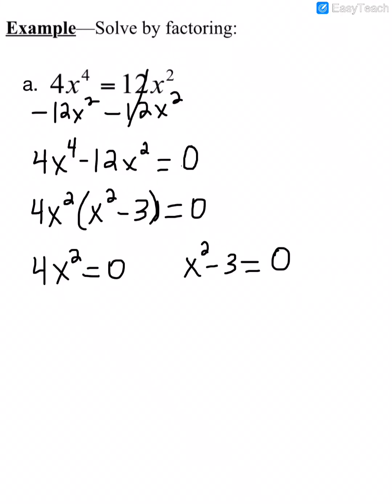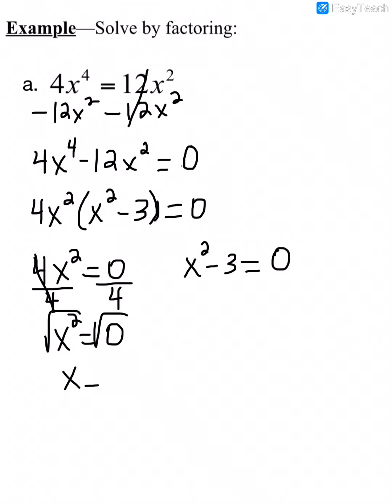For the 4x squared, to get the x by itself, I would divide by 4 on both sides. We know that 0 divided by anything is 0, so I'm left with x squared equals 0, and if I take the square root of both sides, the square root of 0 is 0. So I have one solution of 0. Let's see what other solutions we get.